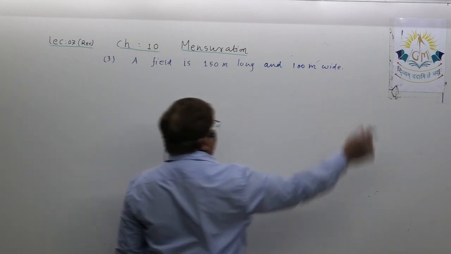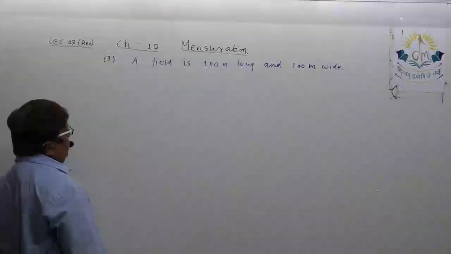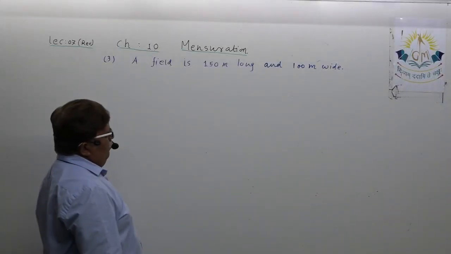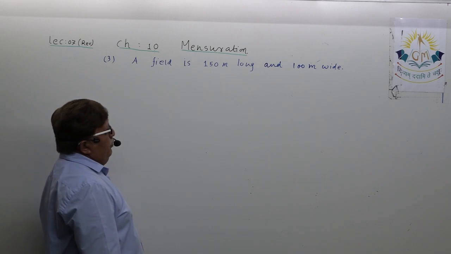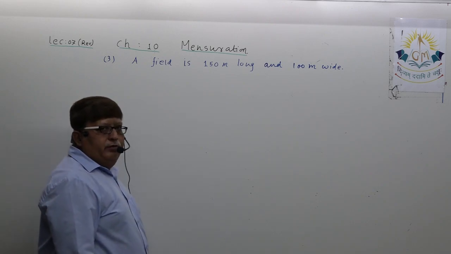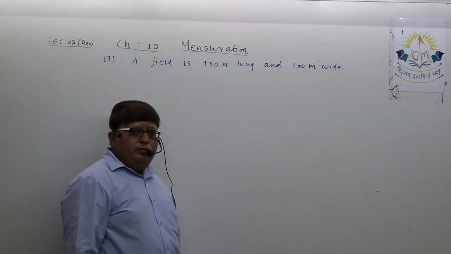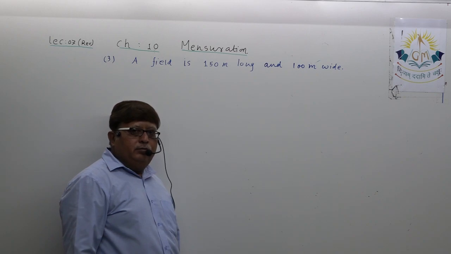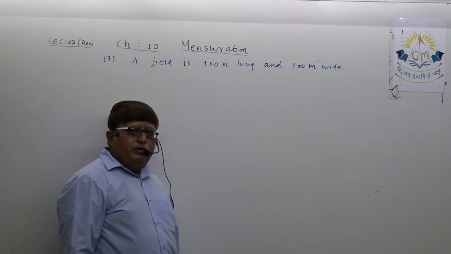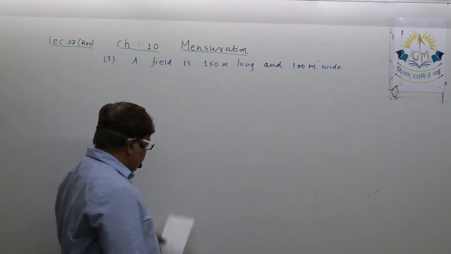This is the first statement of the sum. Obviously, dear student, just by seeing the given dimensions, you will come to know that it is cuboidal, because length and breadth are separate.